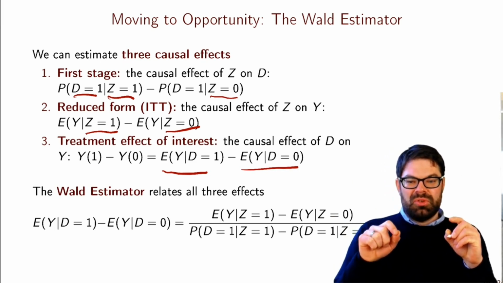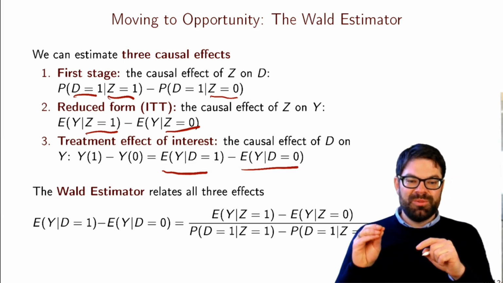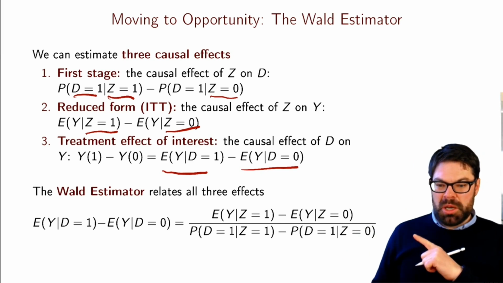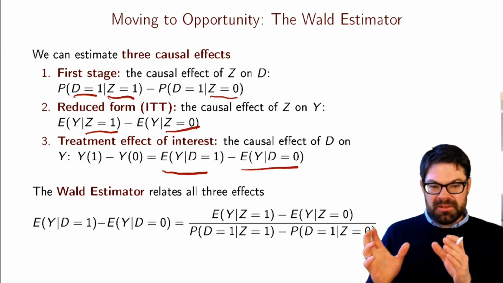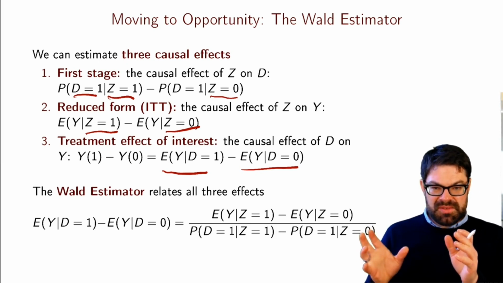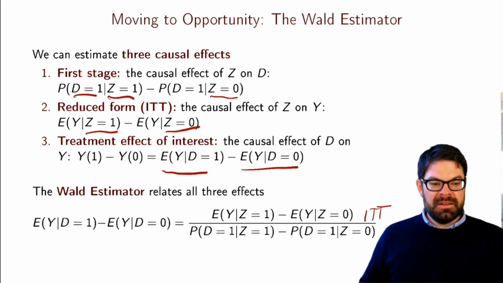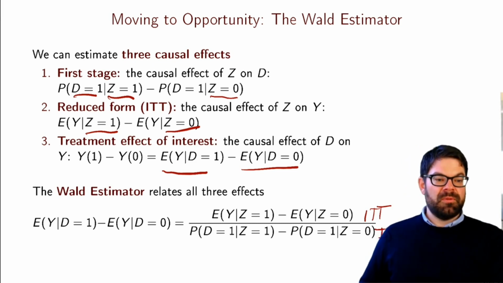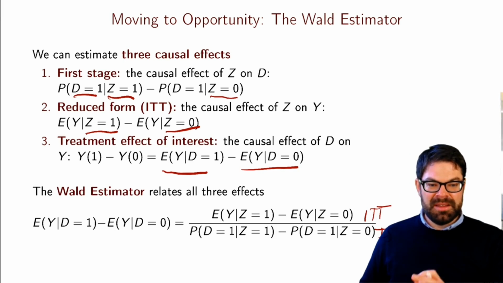And how we bring all those three together is through the so-called Wald estimator, which is what you see here at the bottom. And so you see here that the treatment effect of interest is the intention to treat effect, and in IV speak we often say scaled up by the first stage. And I will provide an interpretation of that in a second.